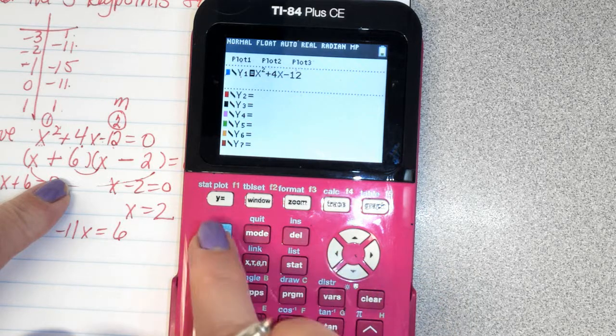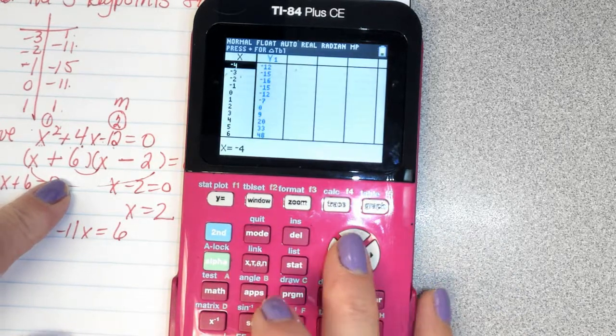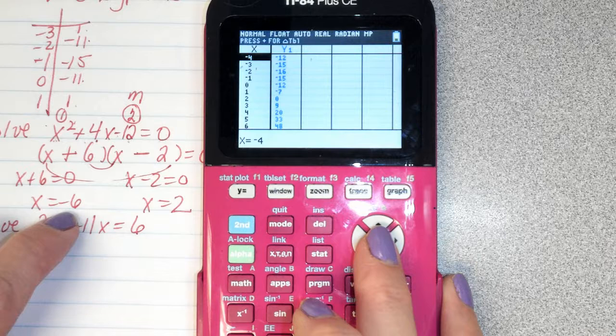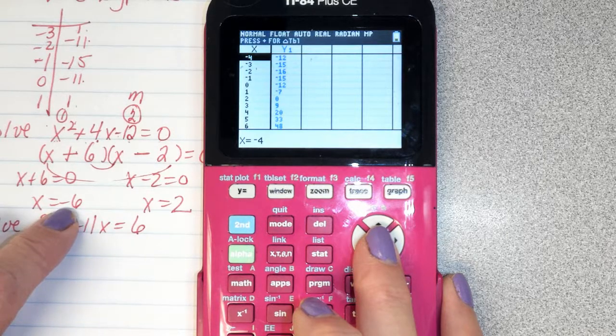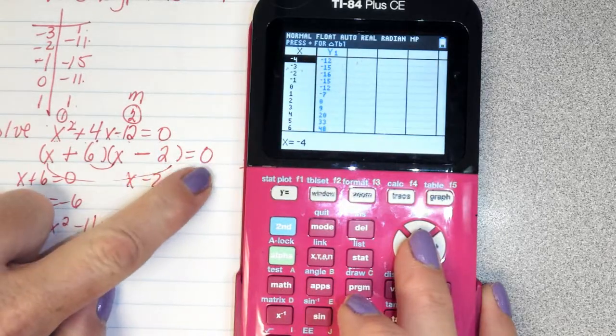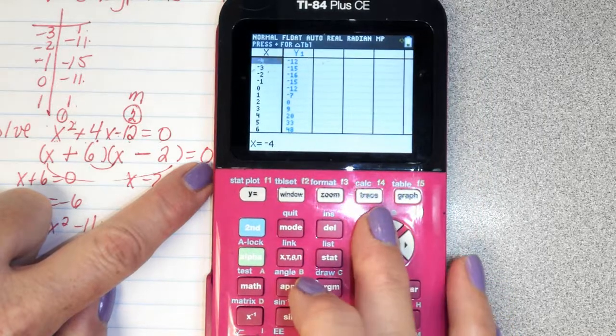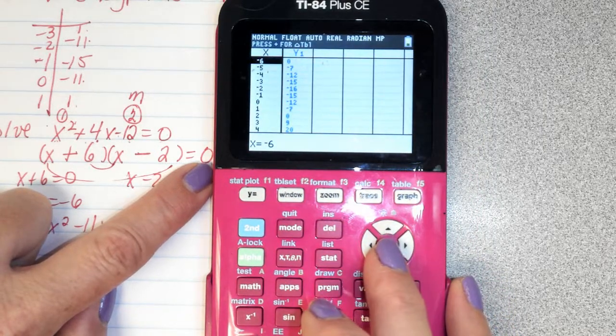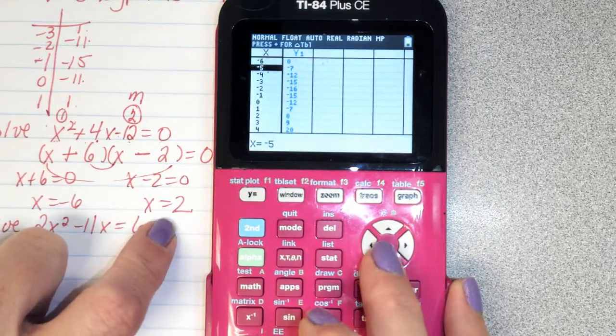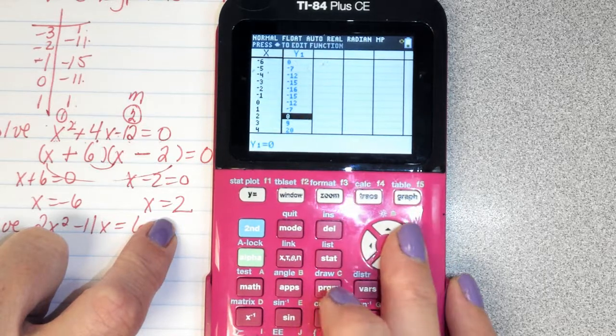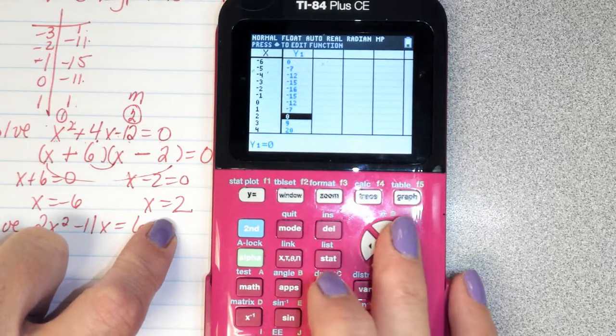Table, right? I can go to my second graph to my table. I want to find the points. Negative 6, 0. I want to see negative 6, 0. There it is. That's good. And now I also should see the point 2, 0. And I do. So that's good.